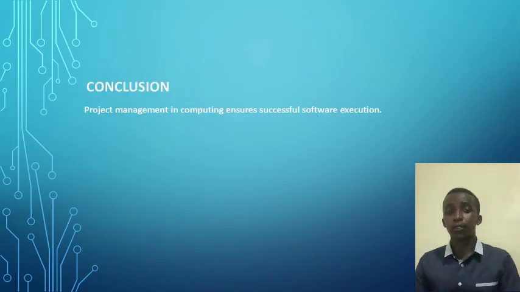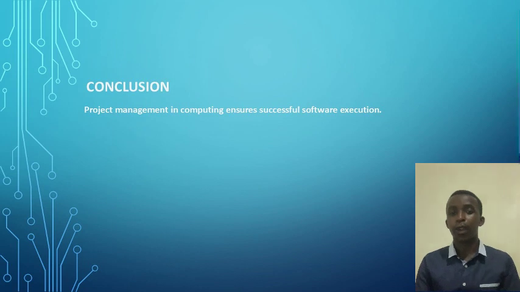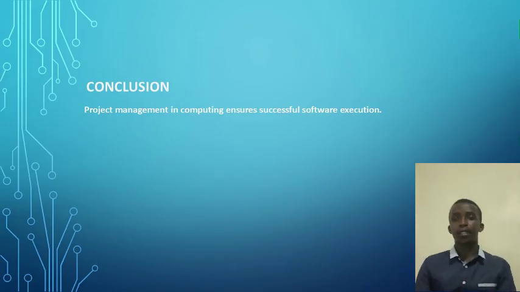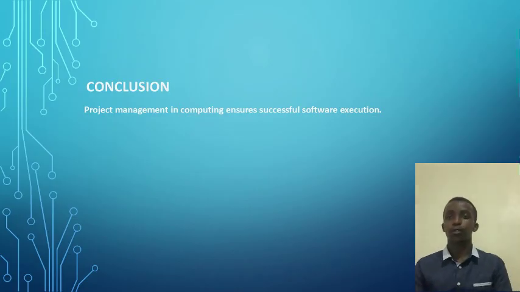Any company trying to develop software can use one of these cycle models that best suits their project. So we may say project management in computing is essential because it ensures successful execution of software projects.